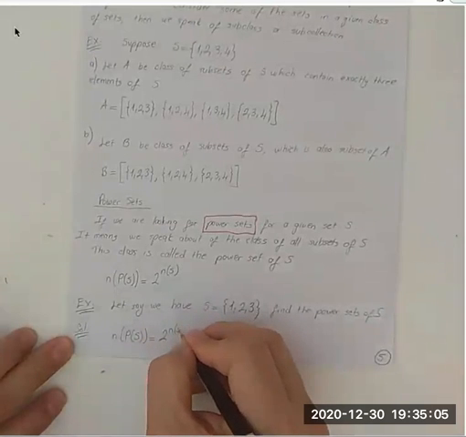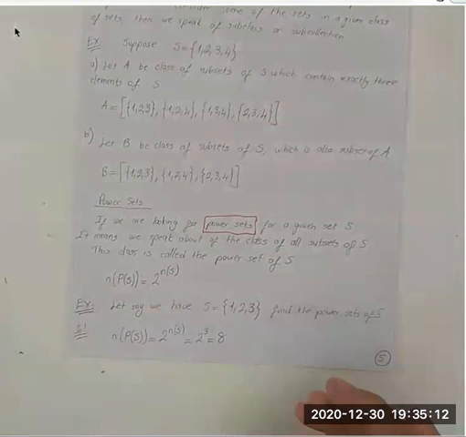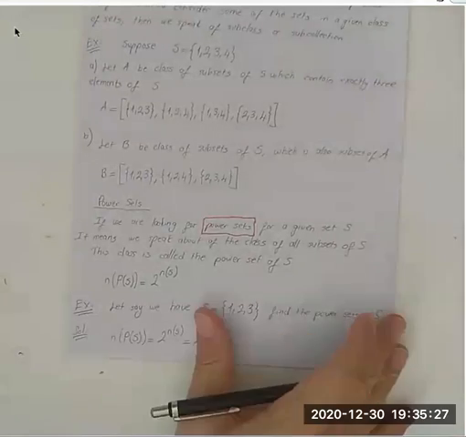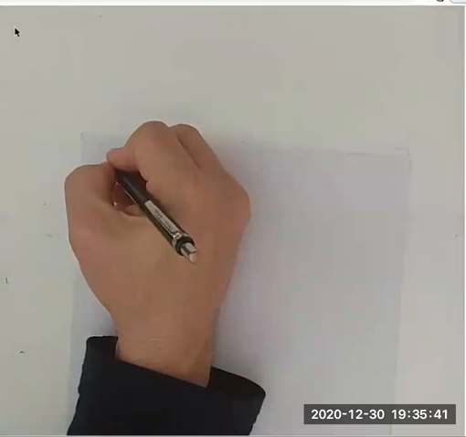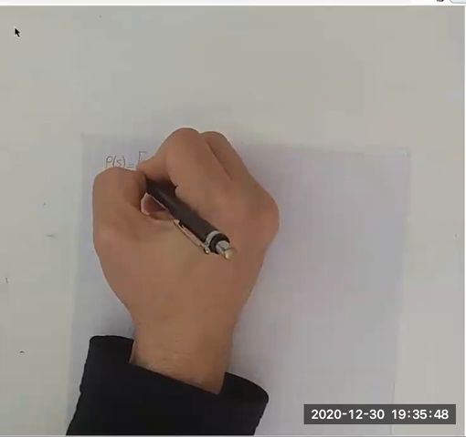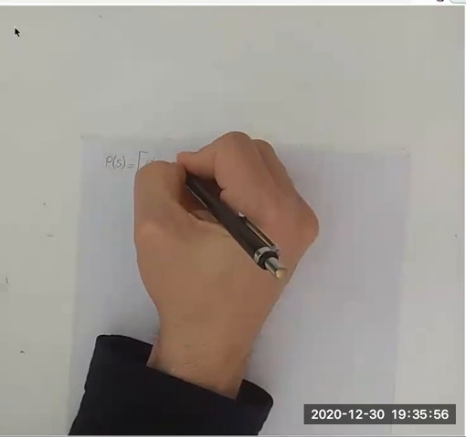Okay, power set of S is equal, in brackets, to the empty set and {1}, the set with only 1 element, and {2}, {3}, and {1, 2}, {1, 3}, {2, 3}. There is also the set S.